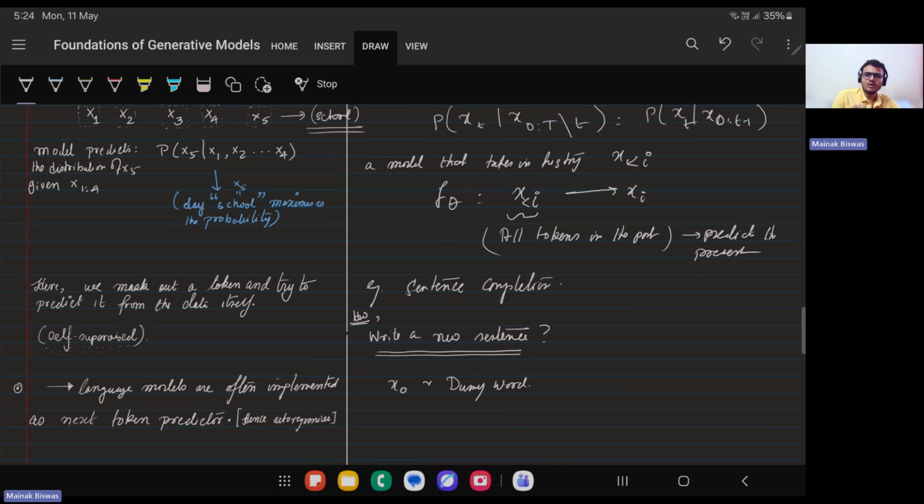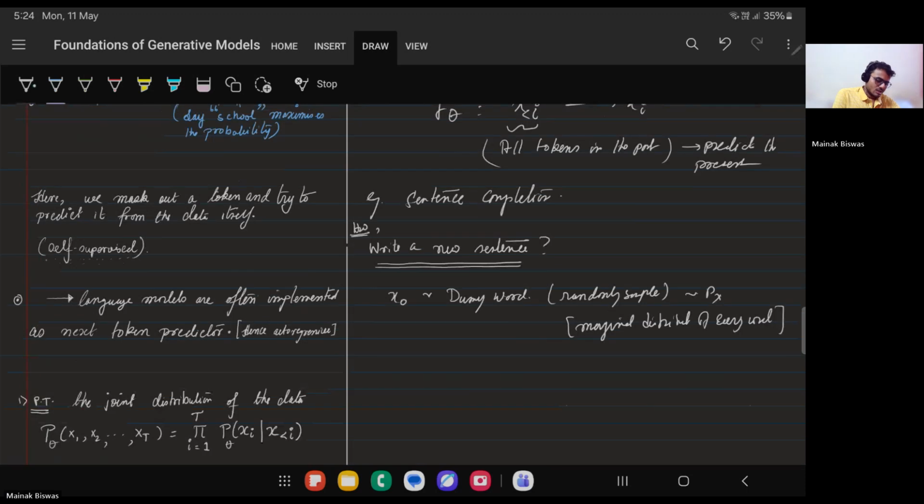I could say I, or a space, or you could randomly sample any word from the p(x) distribution, the data distribution directly. This is the marginal distribution of every word. For example, 'the' would appear multiple times, so most of the time the sentence starts with 'the'. That's fine. Then x1 would be sampled from p theta of x1 given x0.